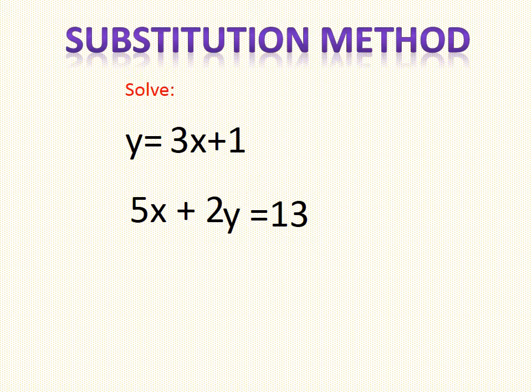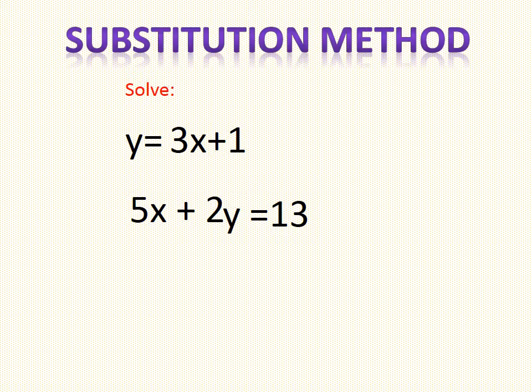The first step in solving a system by substitution is to look at the two equations and find out if we have one variable by itself on one side in one of the two equations. So let's take a look at this example.